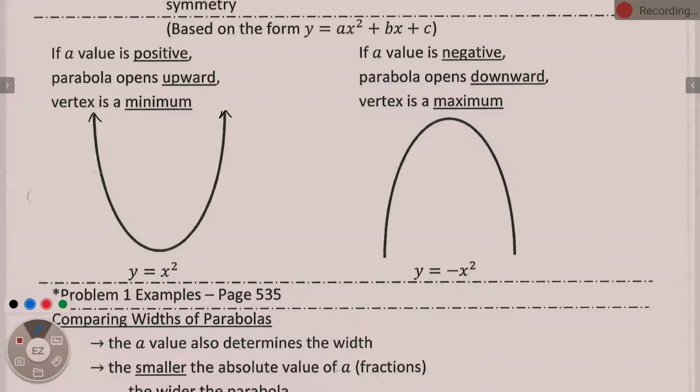The vertex will be a minimum. So this is my vertex here, and in this case it's a minimum because it's at the bottom of the parabola. Minimum at the bottom of the parabola, and then we mentioned up above it's found on the axis of symmetry. We usually just draw it in as a dotted line, and it is that dotted line that cuts my parabola into two equal halves.